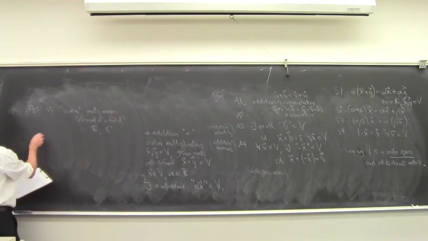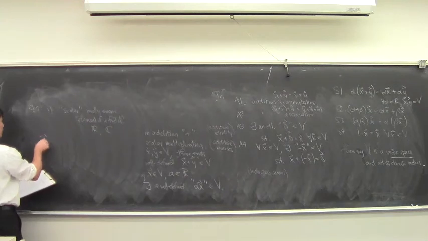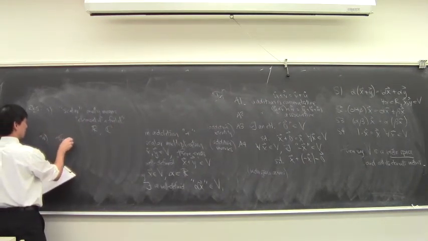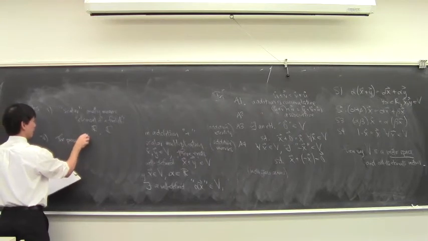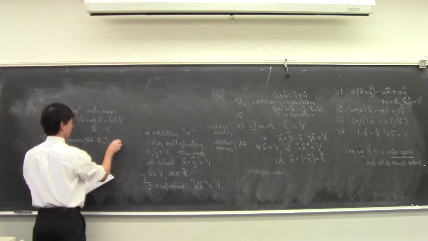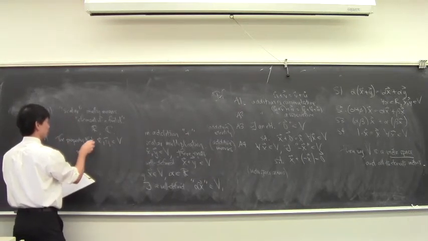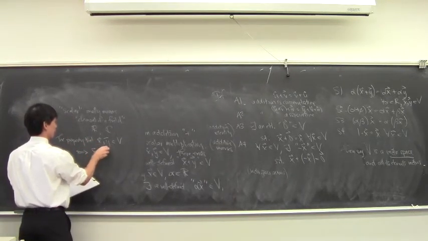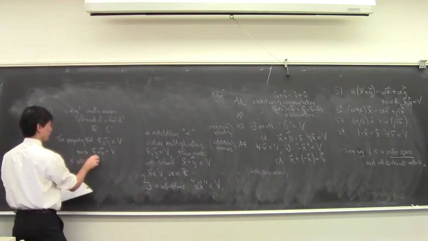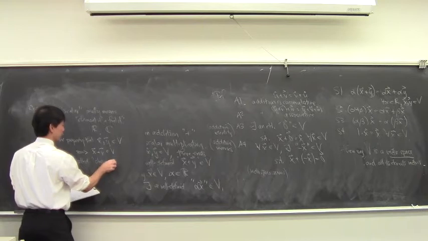Okay. Remark number 2. The property that if x and y are in V, then x plus y is in V is called closed under addition.